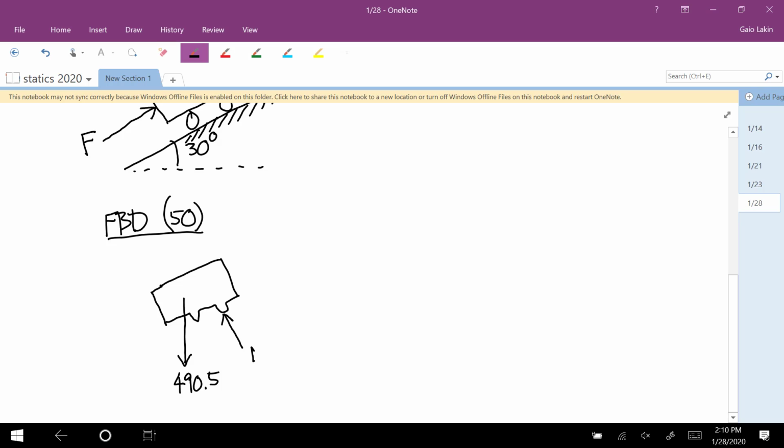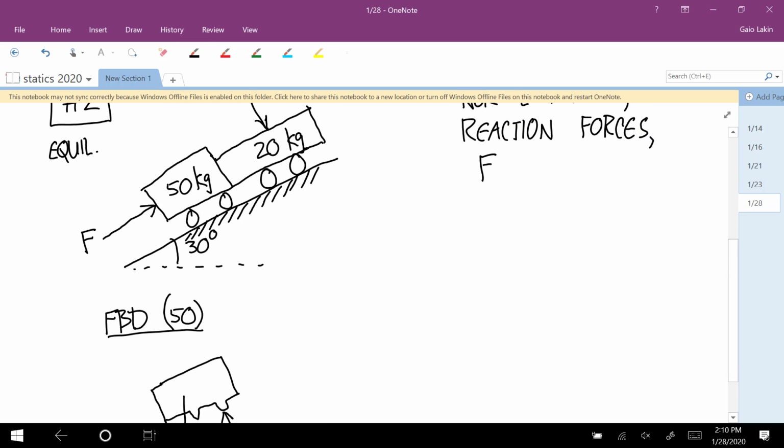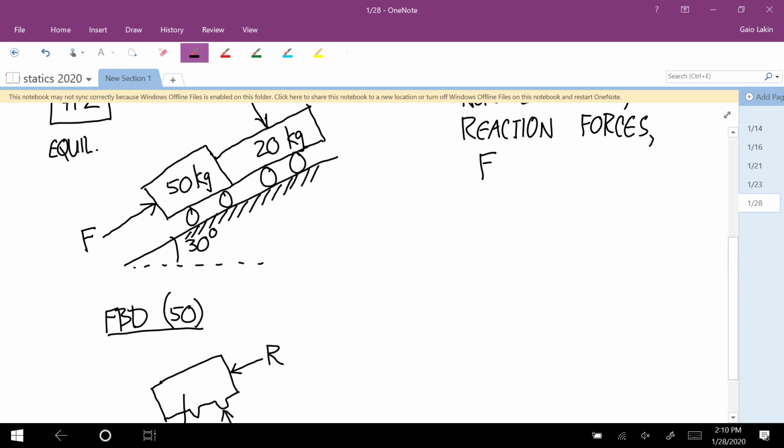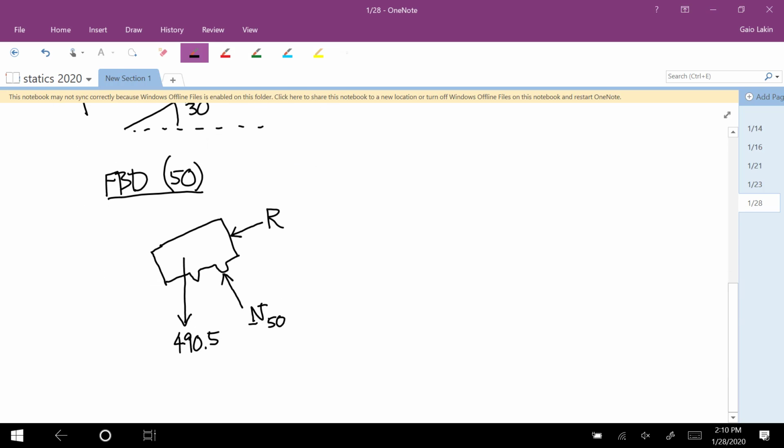I'll call that N50. And then keep going around counterclockwise. There's a pushing force from the 20 kilogram cart. I'll call that R. There's nothing at the top. And then there's an F that way.